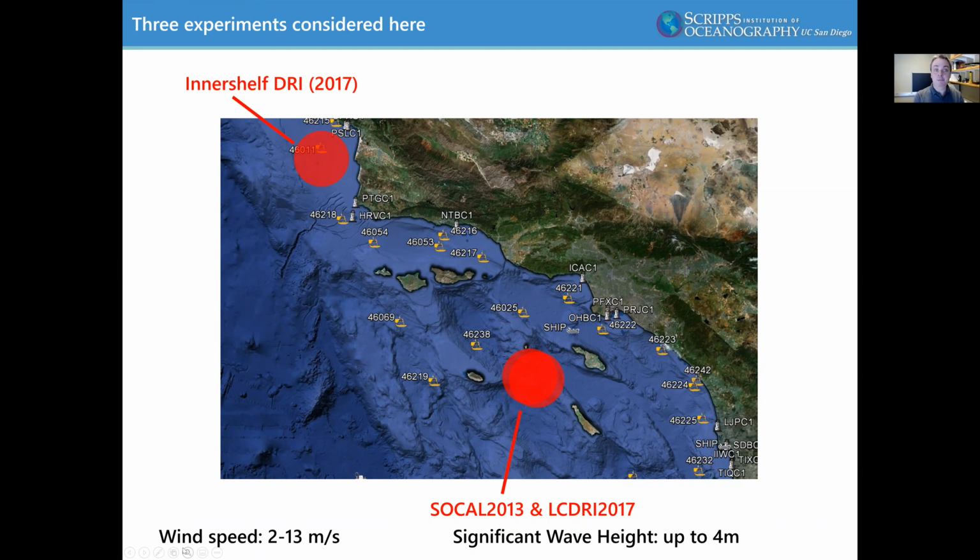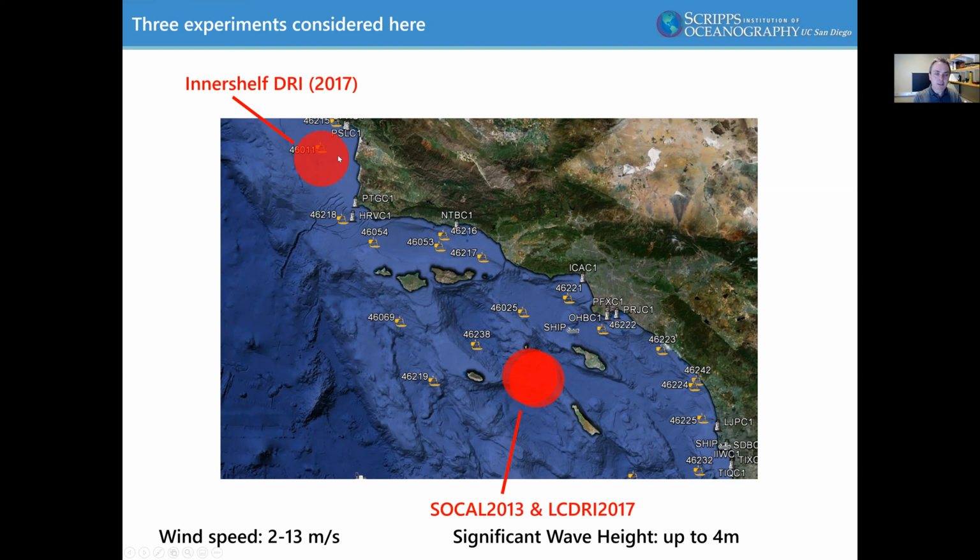So we're considering 3 experiments, all funded through the Office of Naval Research. First one is SoCal 2013. This is San Diego here, Catalina Island, San Nicolas Island, and San Clemente Island, kind of like in between here. This was also the location of the Langmuir DRI, LCDRI in 2017. And I'm also using data from the inner shell DRI, kind of like the deeper site.